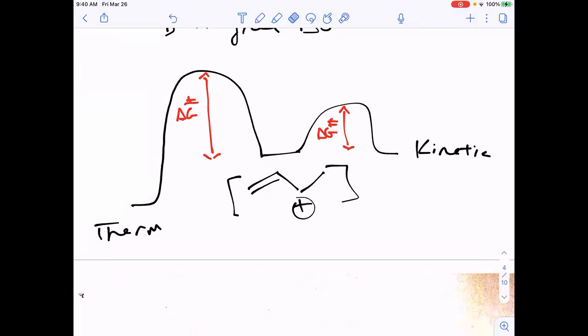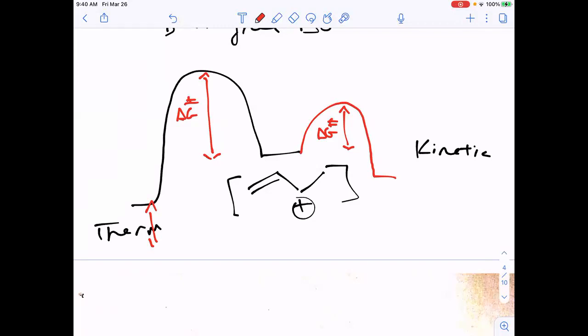I should change that just a little bit. Right, and then you can see the difference in energy between the thermodynamic and the kinetic product. The kinetic product a lot of times is going to be higher in energy, but since it's more readily accessible, that's what you get at lower temperatures.